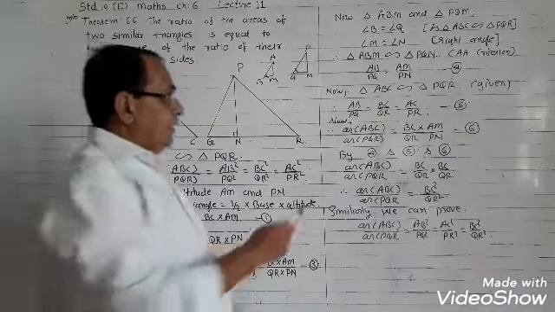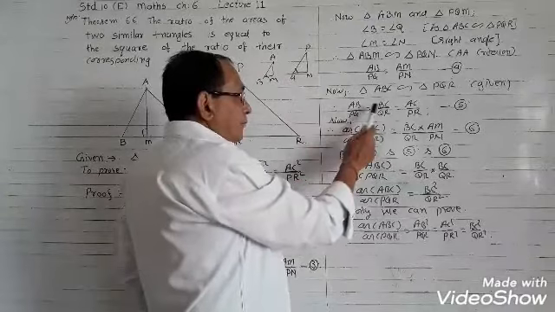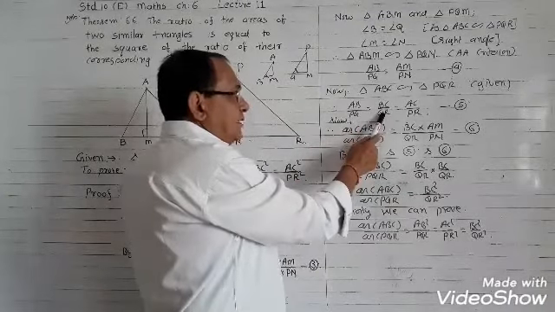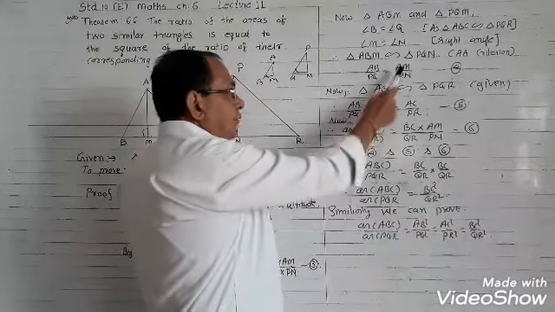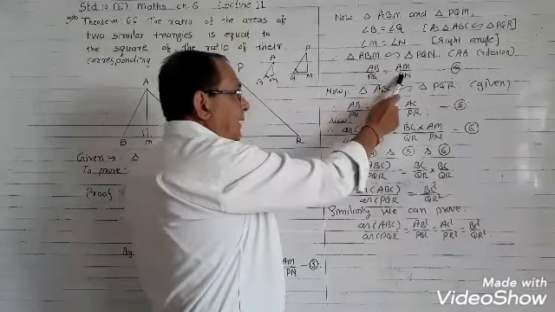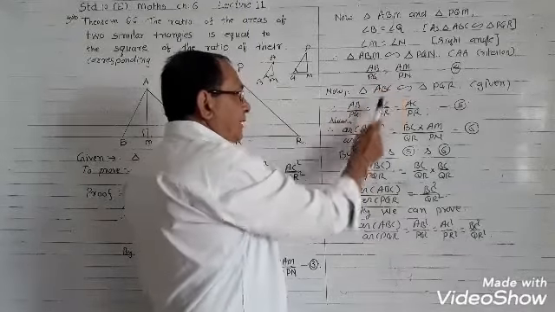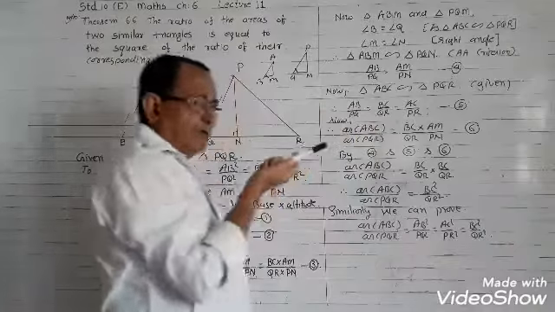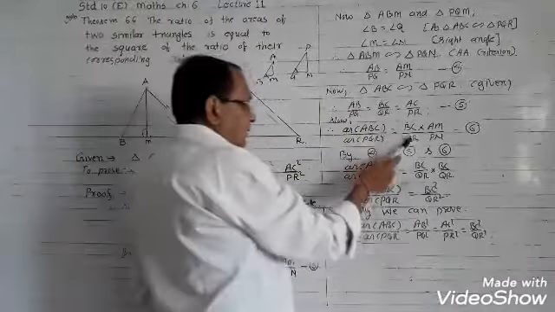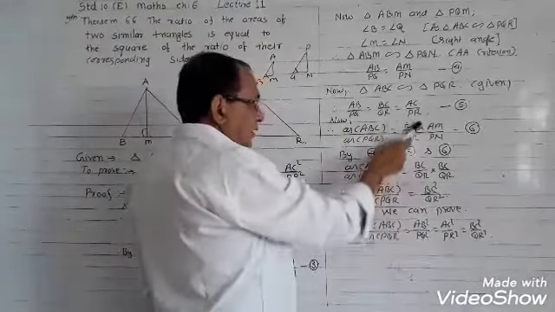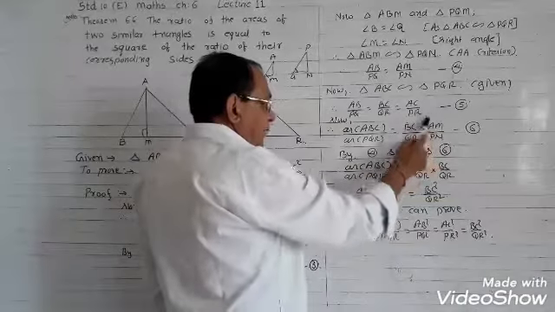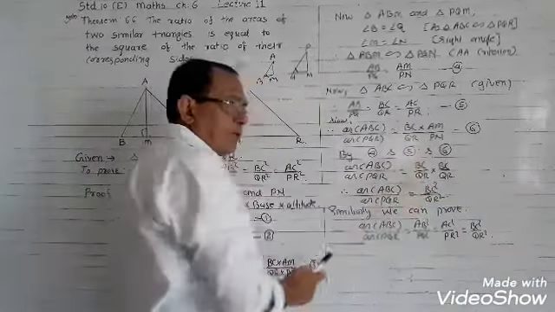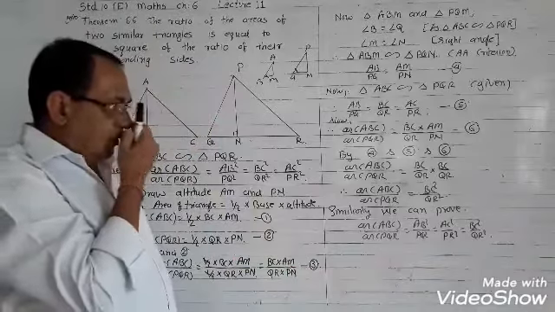AB upon PQ is equal to BC upon QR, but AB upon PQ is equal to AM upon PN. Therefore AM upon PN is equal to BC upon QR. I will put the value of AM upon PN as BC upon QR.